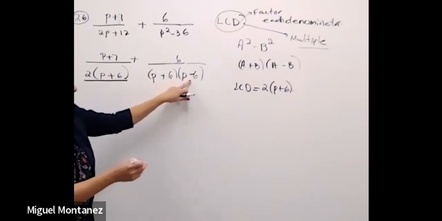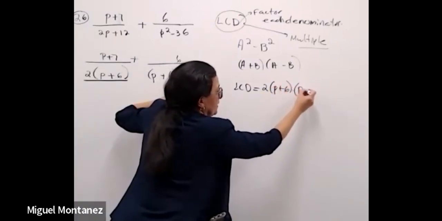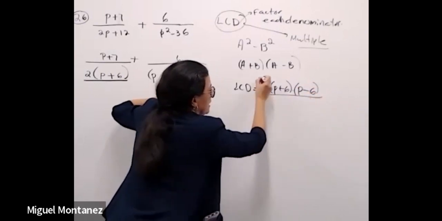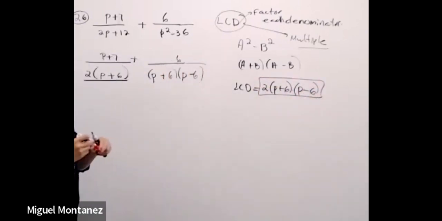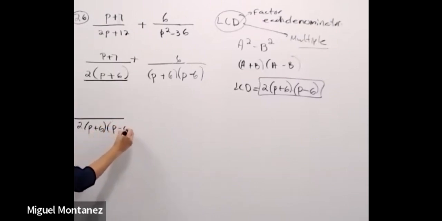In this case, we also need a p minus 6. So this is the denominator that we need, so that way we can add the two fractions. We need a 2, p plus 6, and p minus 6.